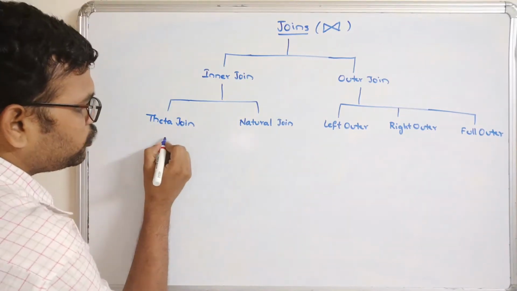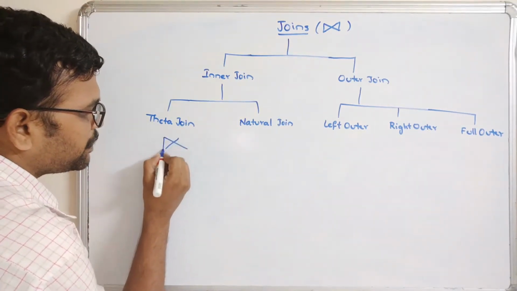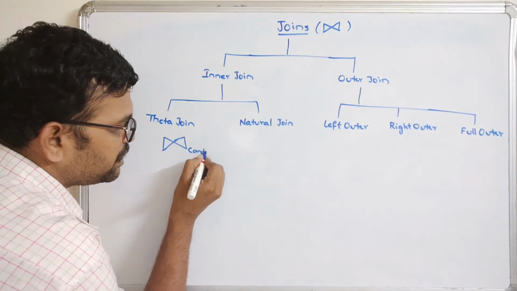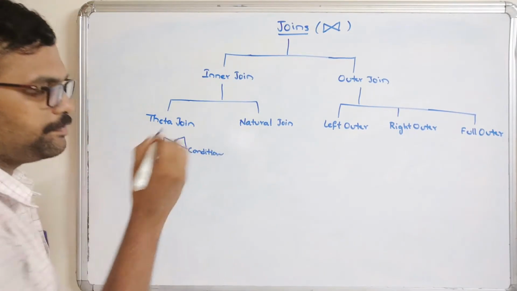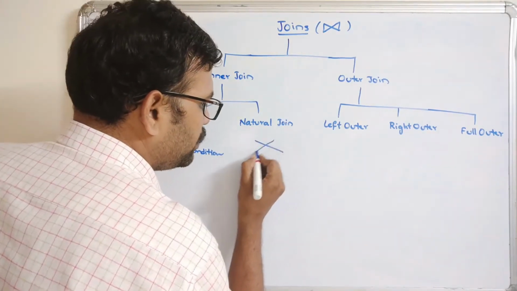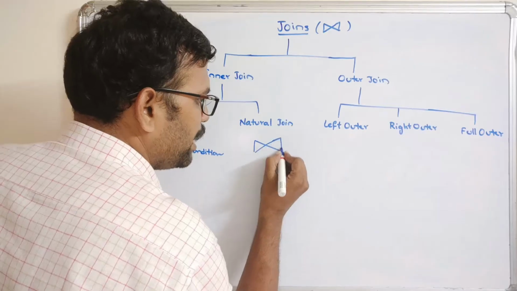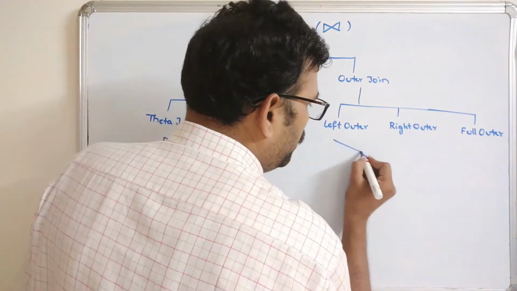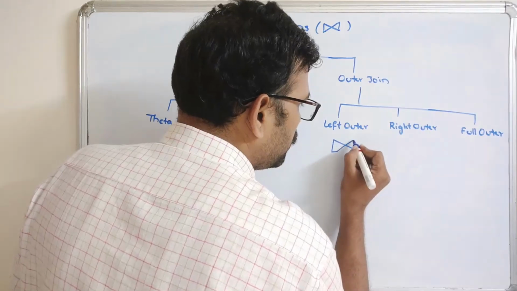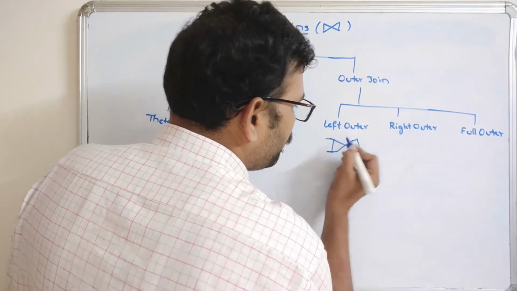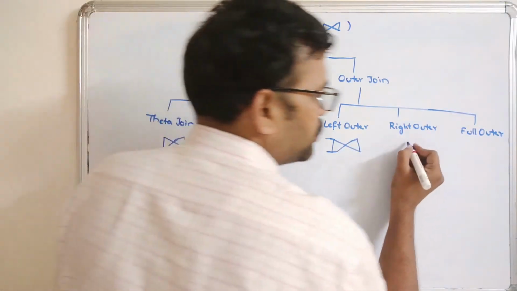Coming to the theta join, the representation will be like this, and here we have to specify the condition. And without a condition, if you apply the join, that join we call a natural join. And the left outer join is also similar. So this is the left outer join representation.